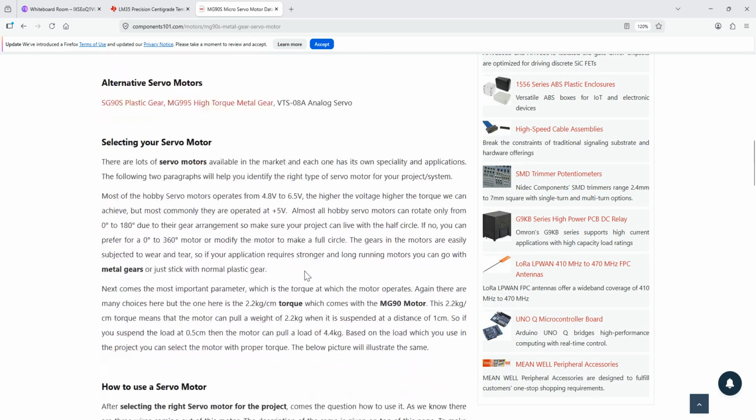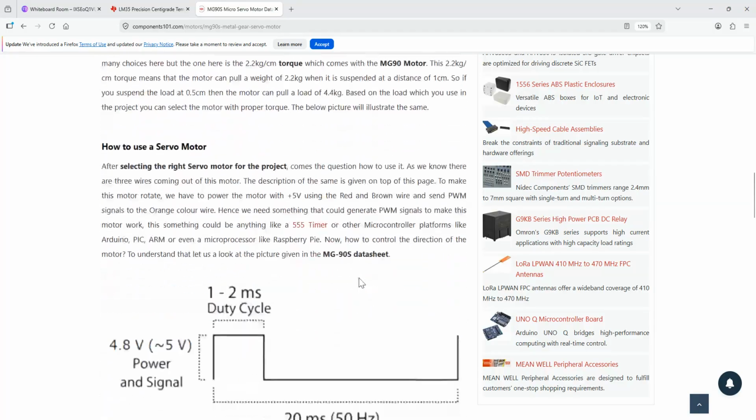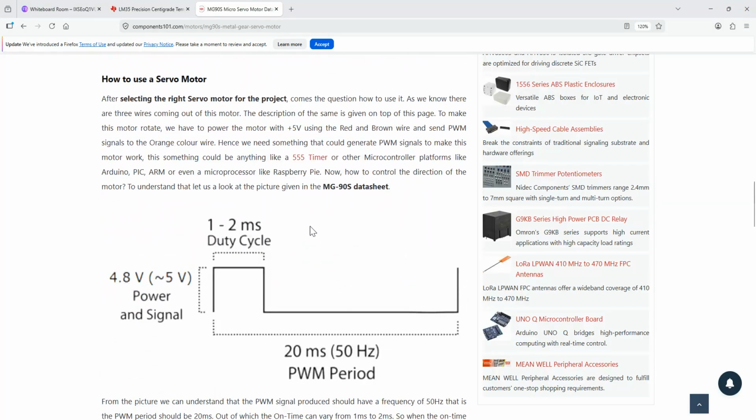Now we have to understand, for programming, how the motor knows to which angle it has to rotate its shaft. For that we are going to provide the PWM. According to the data sheet, it needs a PWM signal of 50 hertz.